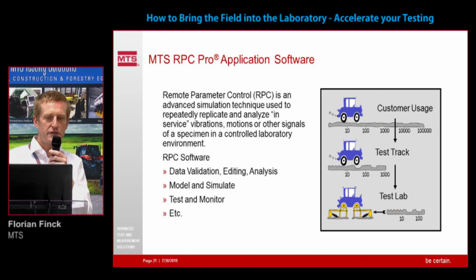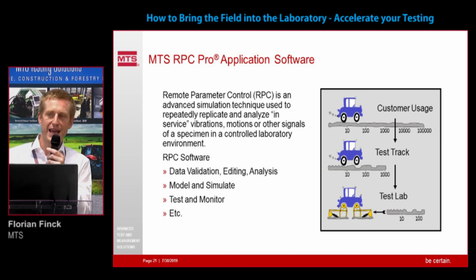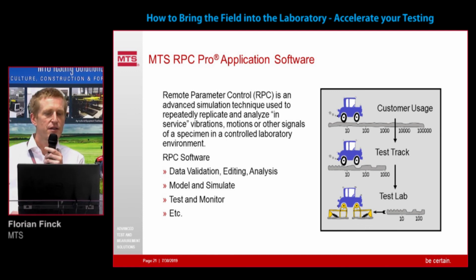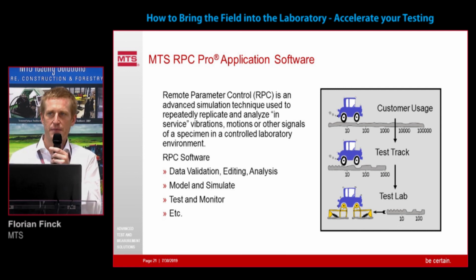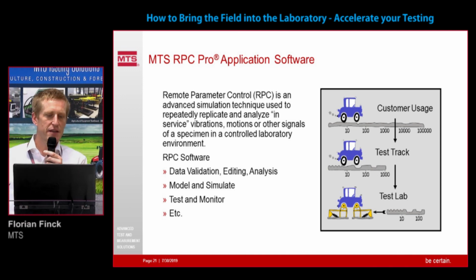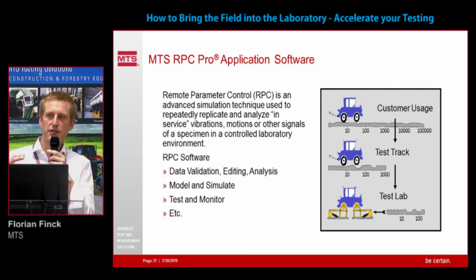The RPC software can be used for the data validation and for the editing of the data. So there's an analysis part where you can look at the data and analyze how the data look like. Then there's a model and simulate section where it is about to characterize the system, which contains the specimen and the test system.